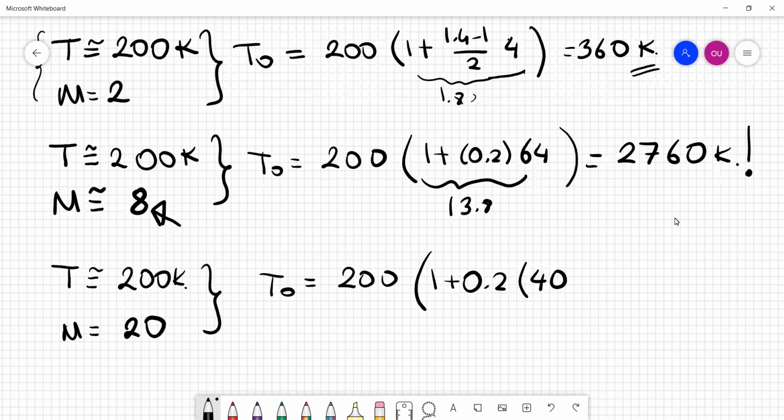No, 400. Yeah, 400. And so this is, I guess, 81. 81 times 200, so it's almost 16,000 Kelvin temperature.